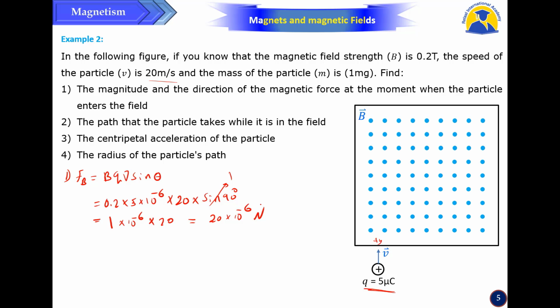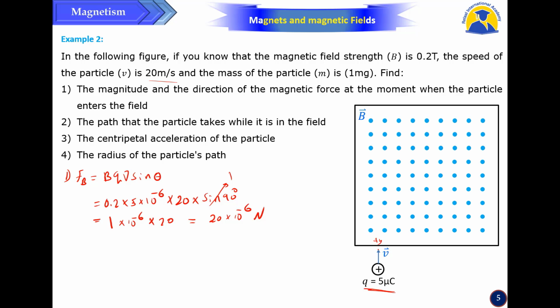Now, the direction of force. Because the charge is positive, we use our right hand. The direction of our 4 fingers will be the direction of the magnetic field, and the direction of the thumb will be the direction of velocity. Then the direction of force will be to the right.